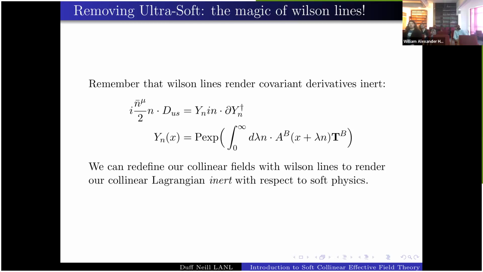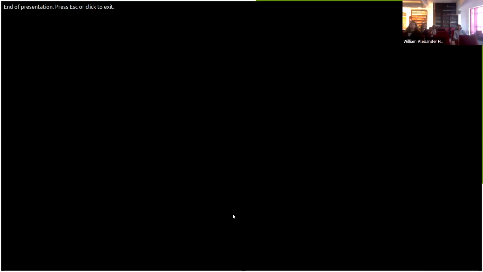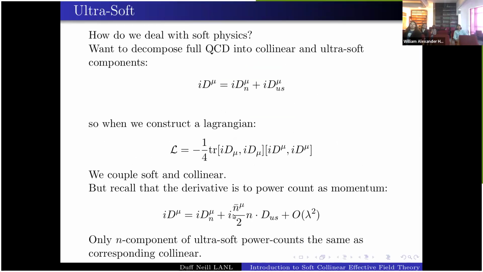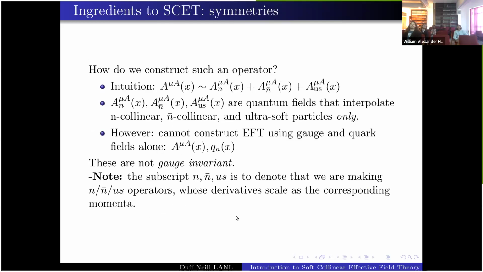Going back to the picture of this two-jet event, in the end, what sort of quantities do we expect to calculate in this soft collinear effective theory?